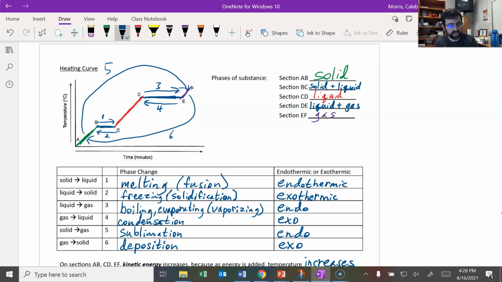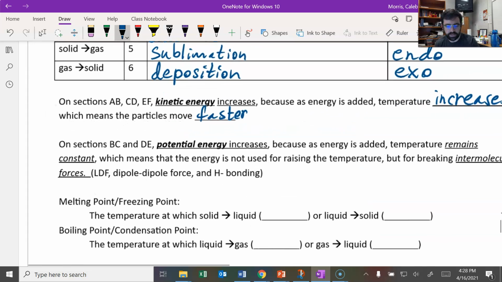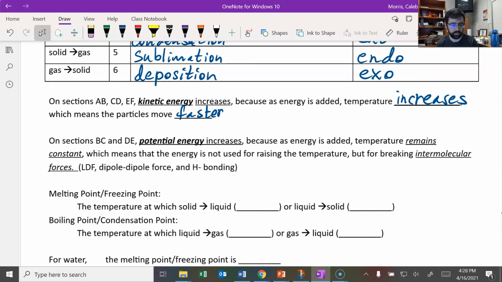But then you notice in section BC and section DE, there's no change in temperature. The potential energy is increasing, not kinetic. So up here it was kinetic energy. We have molecules moving faster, so the motion is increasing. In sections BC and DE, the potential energy is what's increasing, because as energy is added, the temperature remains constant.